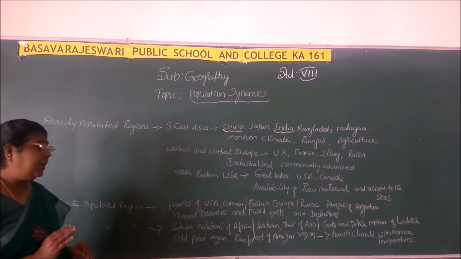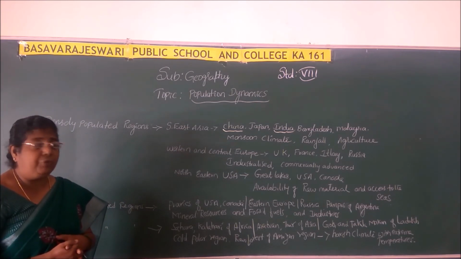The prairies of USA and Canada are very favorable to grow wheat.